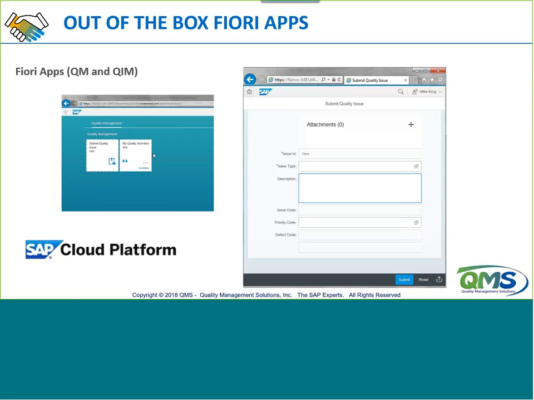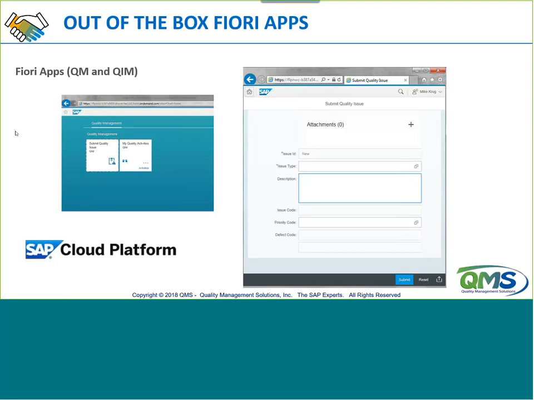And the same thing in quality issue management, QIM. It works with what they call activities, which is not the same as notifications. It's a broader thing that encompasses questions, tasks, activities, but it does the same thing. It shows you any activities assigned to your user, lets you complete or reassign those. Look at the details. You can see the pictures and all that kind of thing.